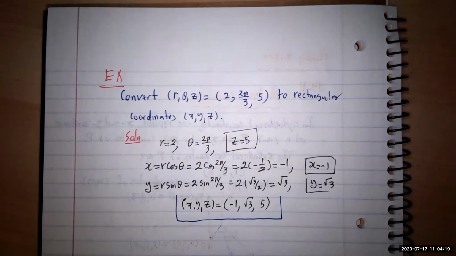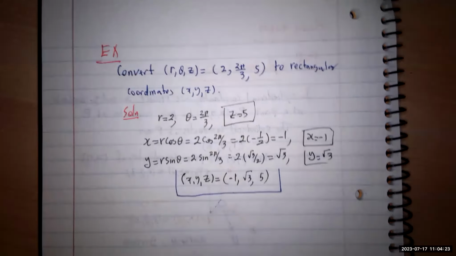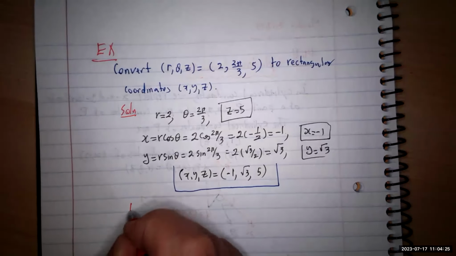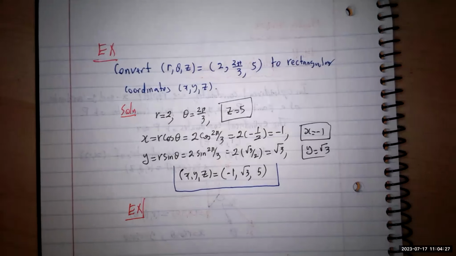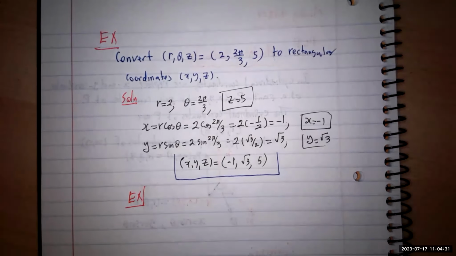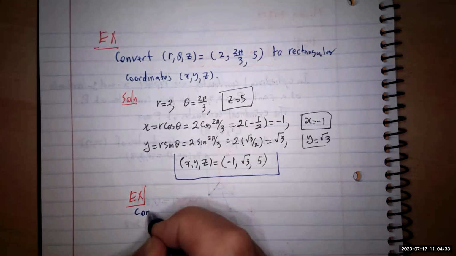So give me one more, the other way around. This next one, you have to be careful as you did with the polar coordinates. So the other way around is you want to convert from a rectangular coordinate.